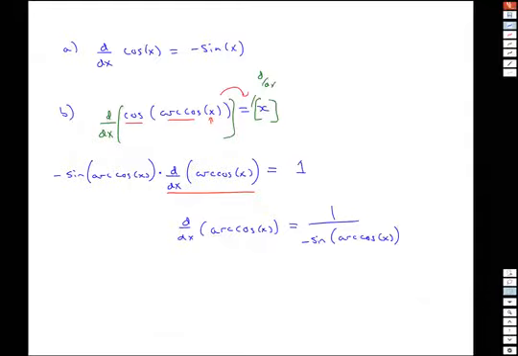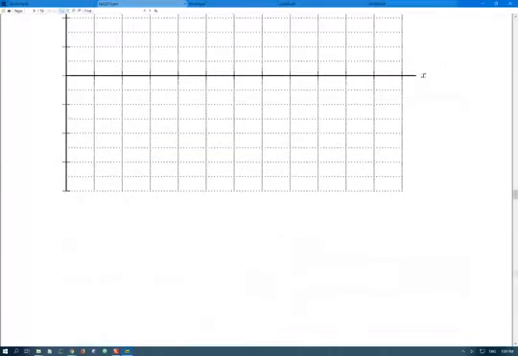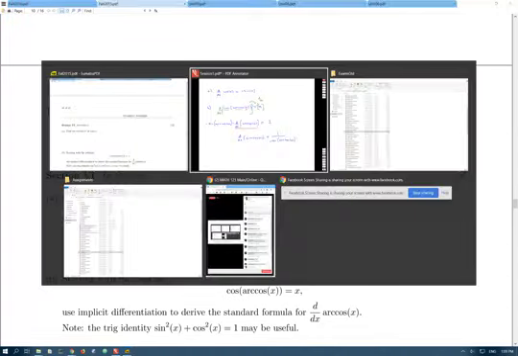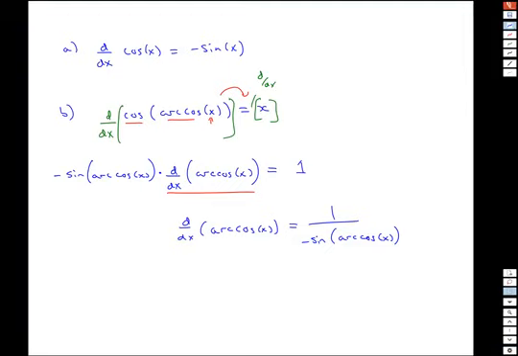Oops. Got off my page there. The trig identity sine squared plus cos squared equals 1 may be useful. So we're going to take advantage of that next. And that's the key thing for getting rid of this expression here.